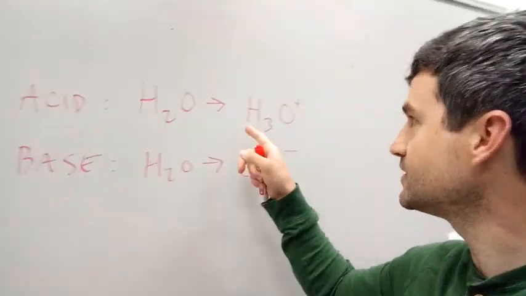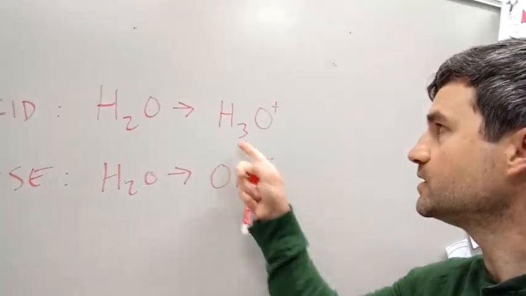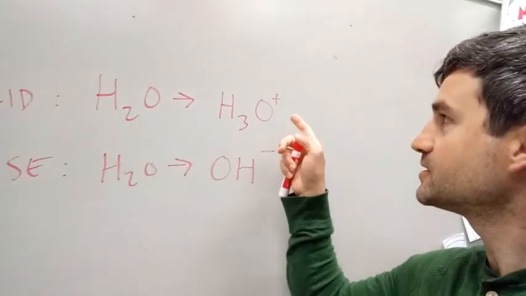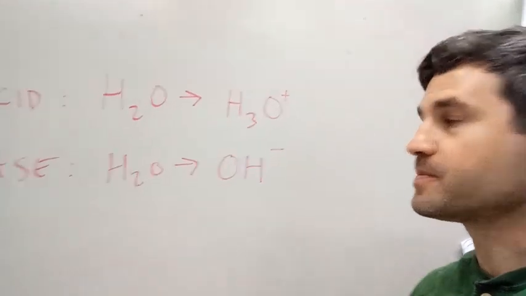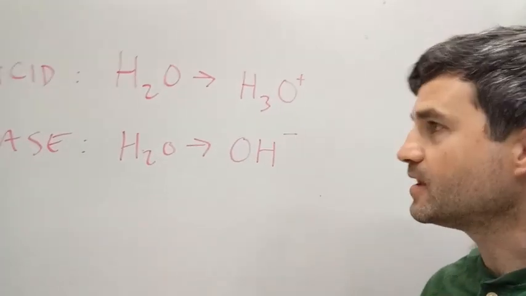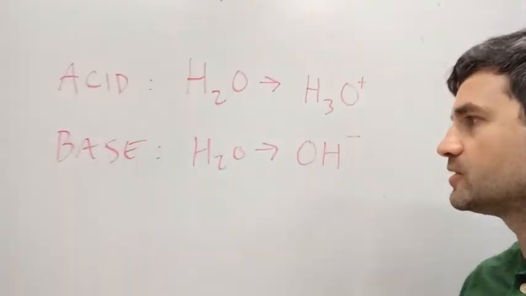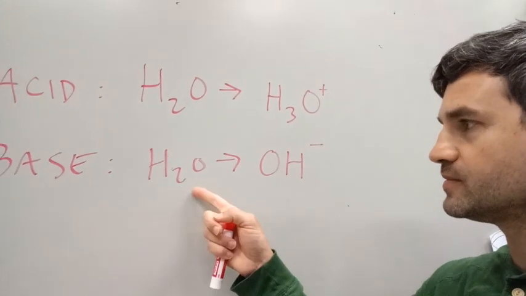And so you end up getting some of these molecules, H3O positive. So instead of a neutrally charged water molecule, it actually becomes a positively charged molecule with 3 atoms of hydrogen. Now, if you add a base to the indicator solution, this water molecule actually loses a hydrogen, loses a proton.